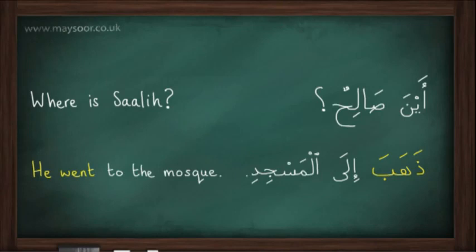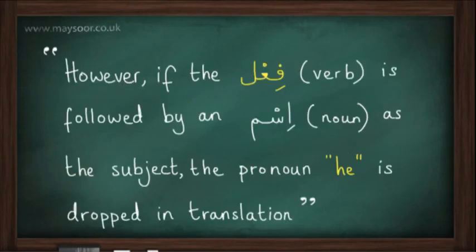In this example, we can clearly see that when the root of a verb is used, which we said coincides with the singular, masculine, third person, there is no need to put huwa at the beginning of the sentence. This is because the pronoun huwa is already hidden inside the verb.